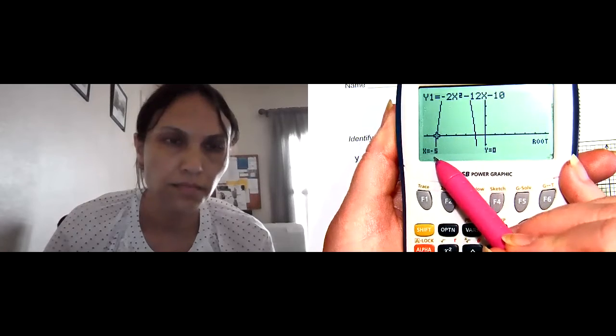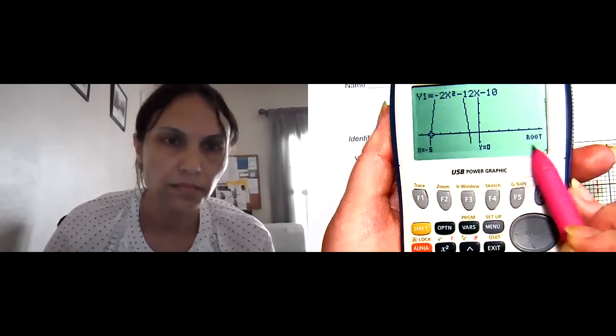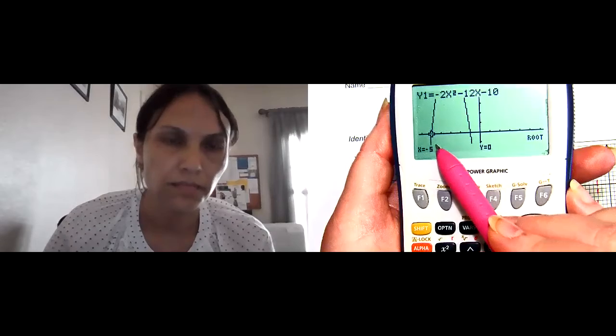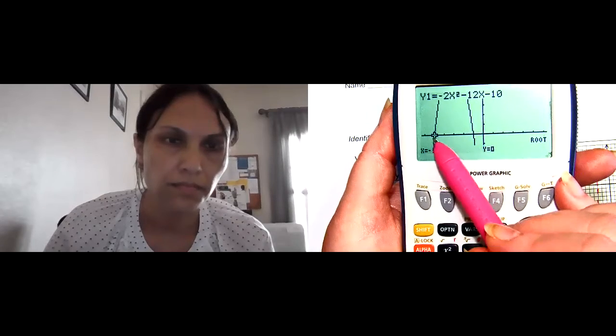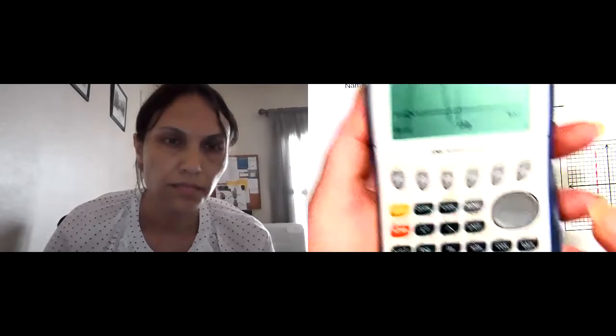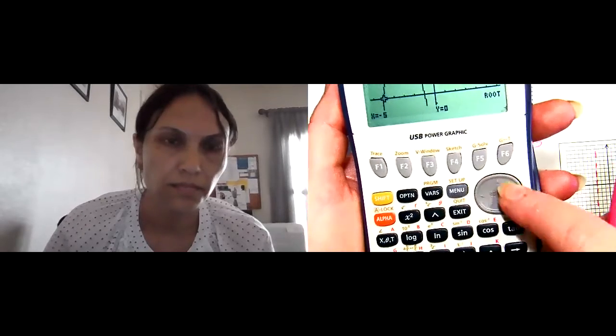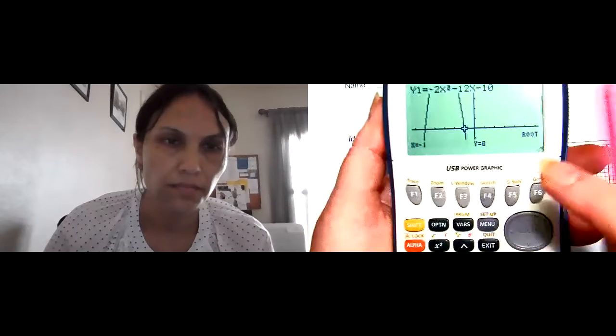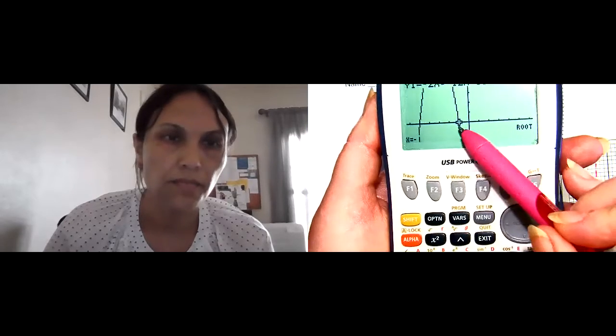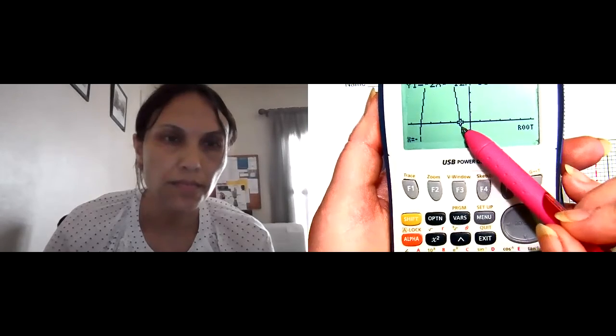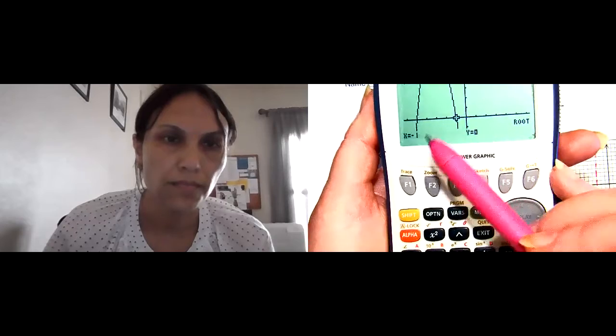This one says negative 5, and it says the word root. So this is one of them, but there are two of them. To get the other one, I need to use this button and pop it over to there. Now the floating plus sign is over here. It still says root, and there's the other one, negative 1. Or I can go back.